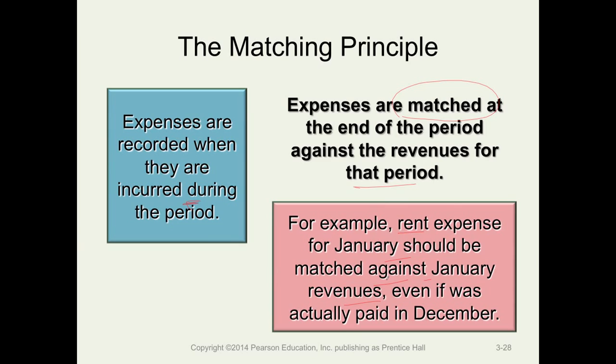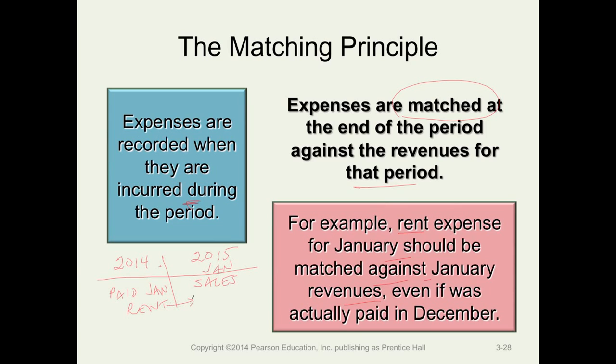So for example, if this was a store and you rented the store, and let's say this is 2014, this is 2015, you paid January's rent here. You have sales in January of 2015.